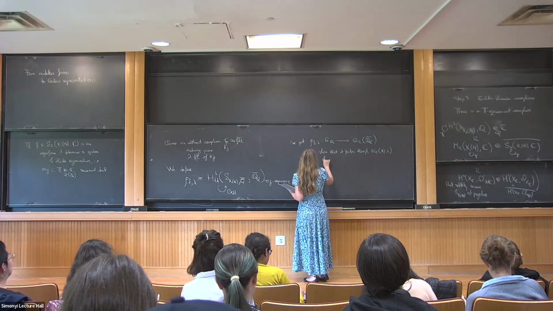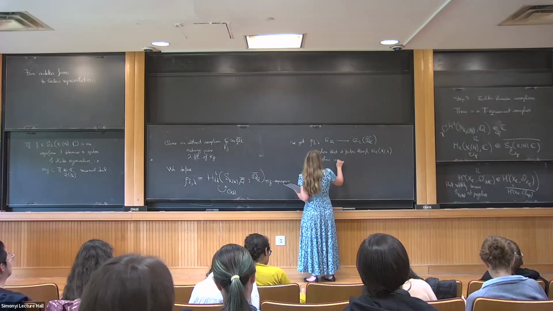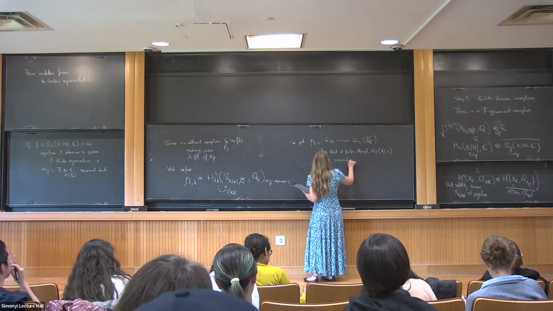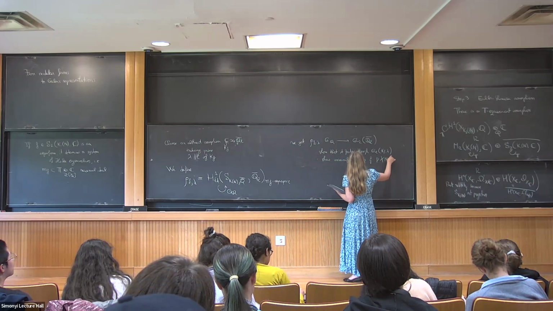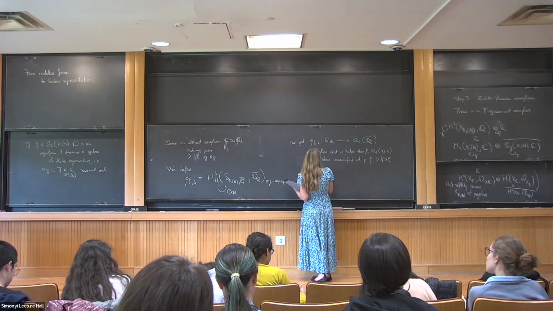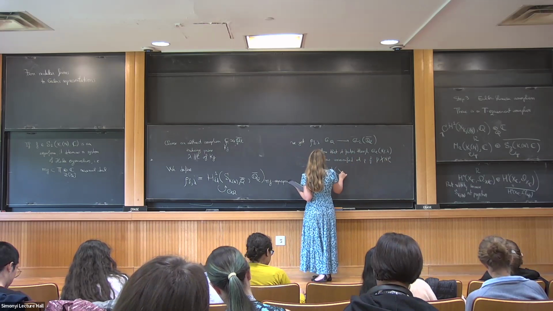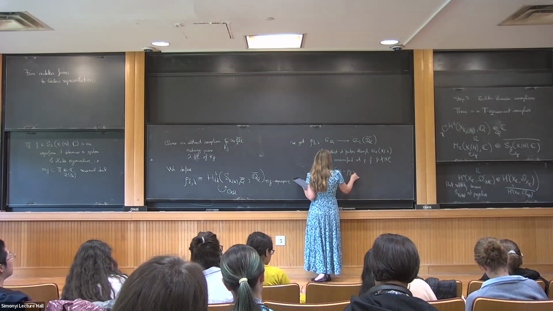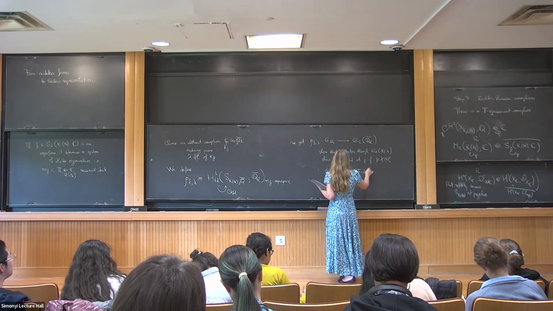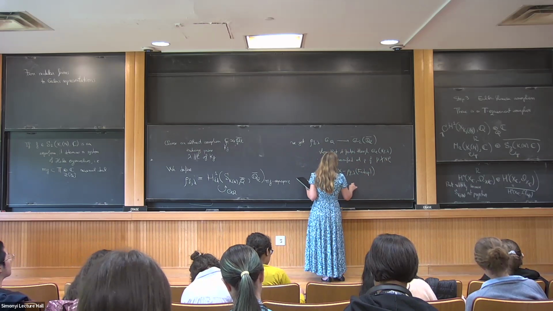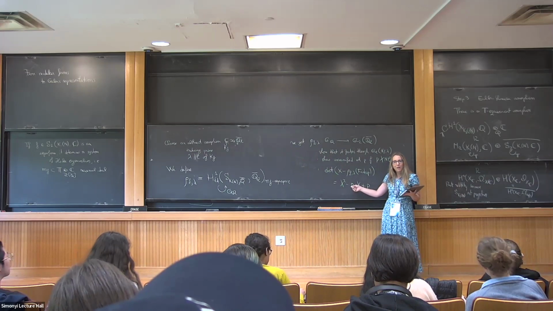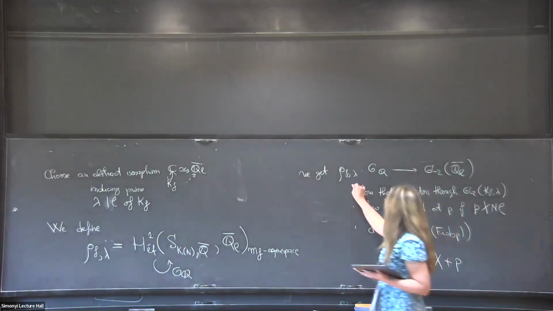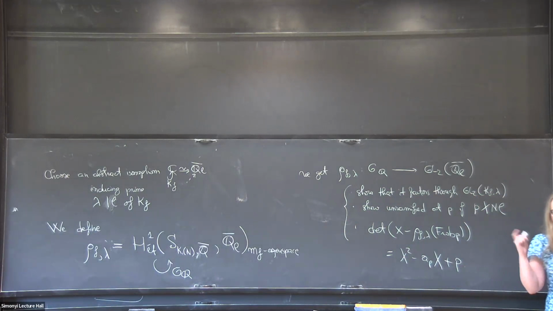You have to show that it's unramified at p if p is a prime that doesn't divide N or L. And you have to show that the determinant of X minus rho_{f,lambda}(Frob_p) is X^2 minus a_p X plus p. So you want to show that the T_p eigenvalue shows up on the Galois side. That's what's left.